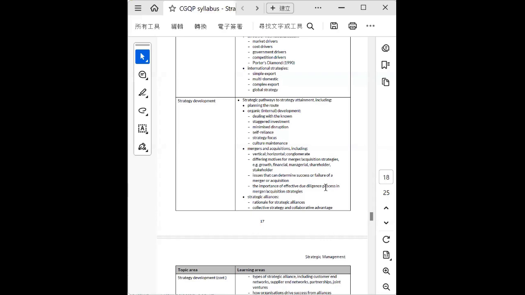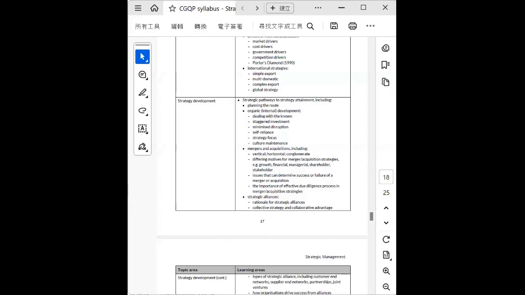clear objectives, milestones, and resources required to achieve strategic goals. Organic development involves growing the organization through internal resources and capability.